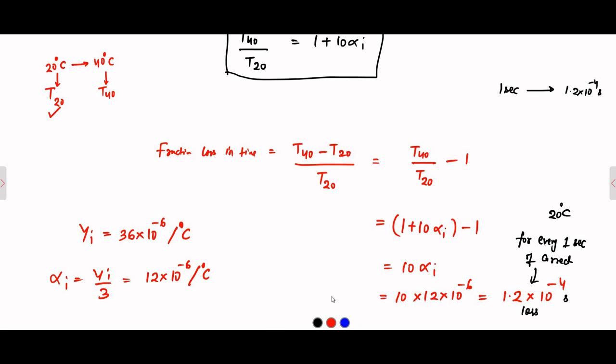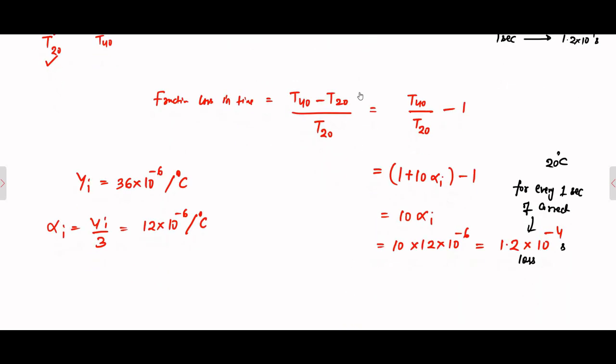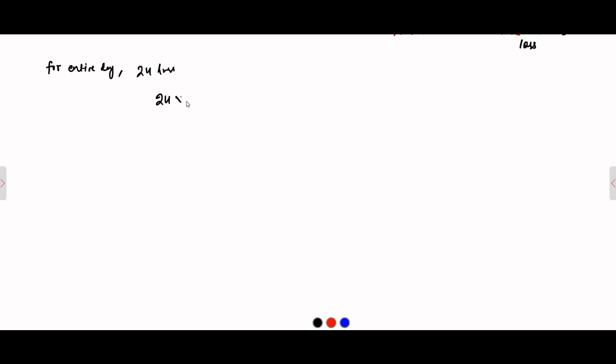So in the entire day, for 24 hours, the total loss of time will be 24 hours into 60 minutes into 60 seconds.